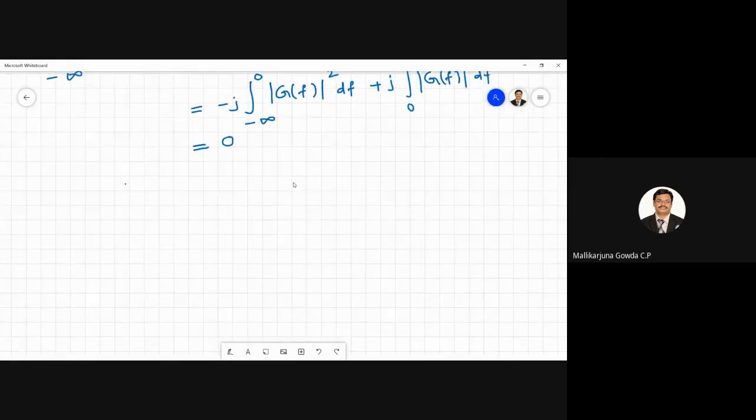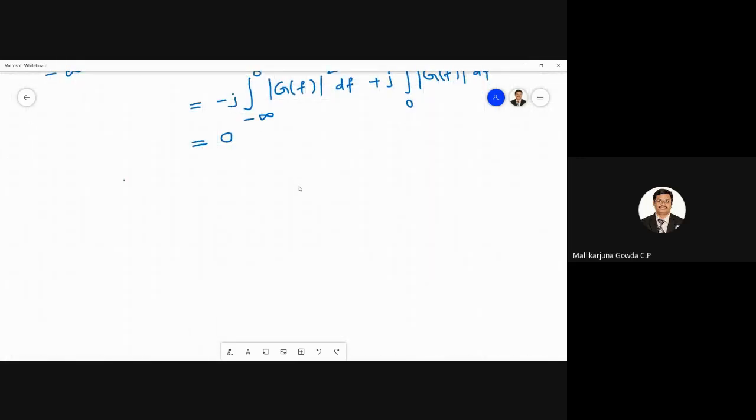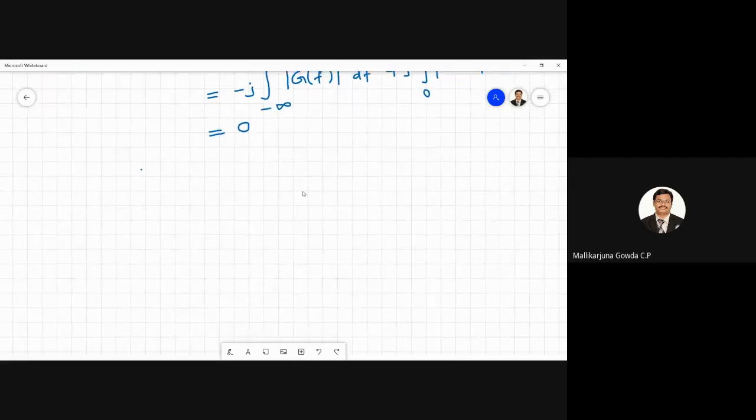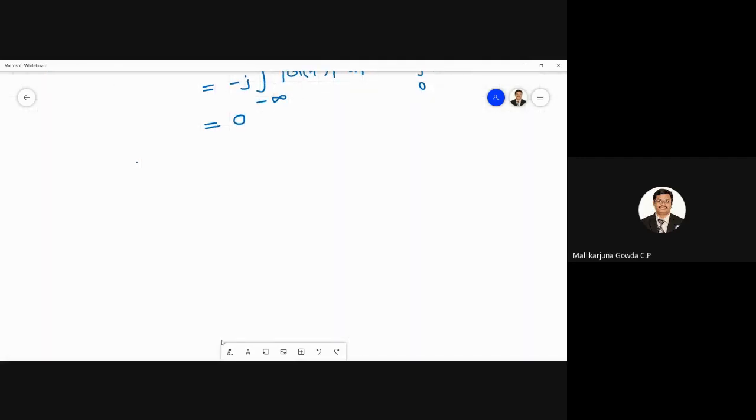So for the second property, that is applying the Hilbert transform operation to the signal twice causes the sign reversal of the signal, right? So I will say it for that also in one line. What I said, g double cap of t will be equal to minus g of t, right? So how do I prove this?